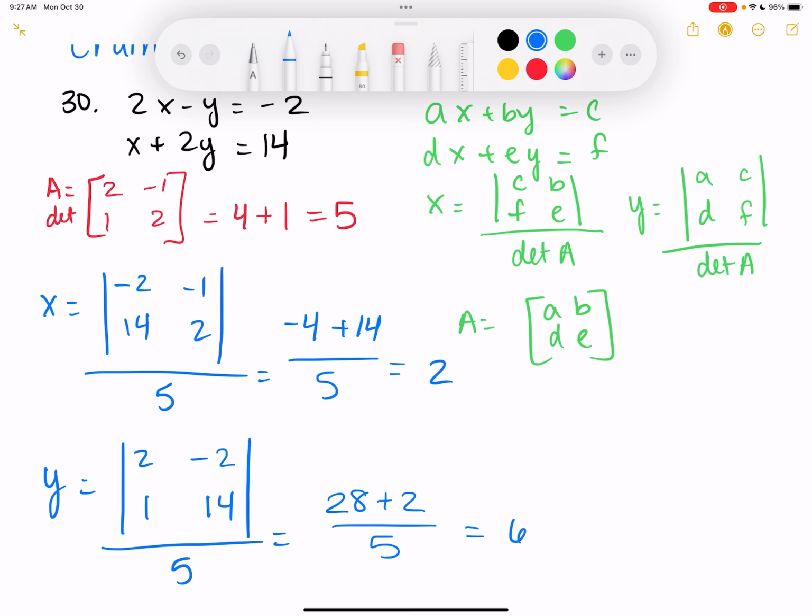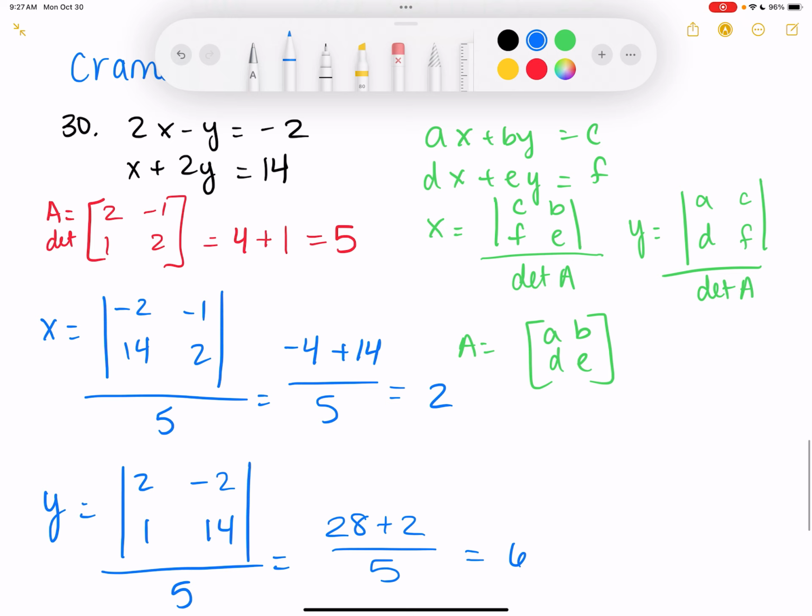And how do we always write our answer for a system of linear equations? 2, 6, which is called a what? Oh, ordered pair. An ordered pair. So always make sure you write your answer that way, even when we're solving using this method or any of the other methods that we end up doing.